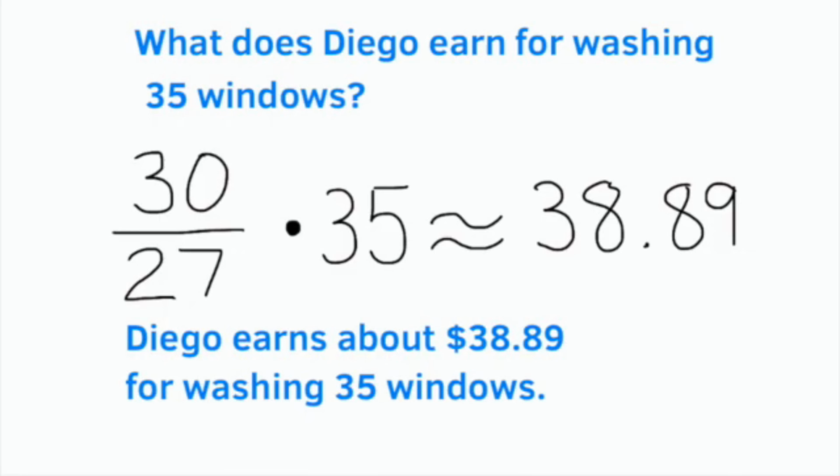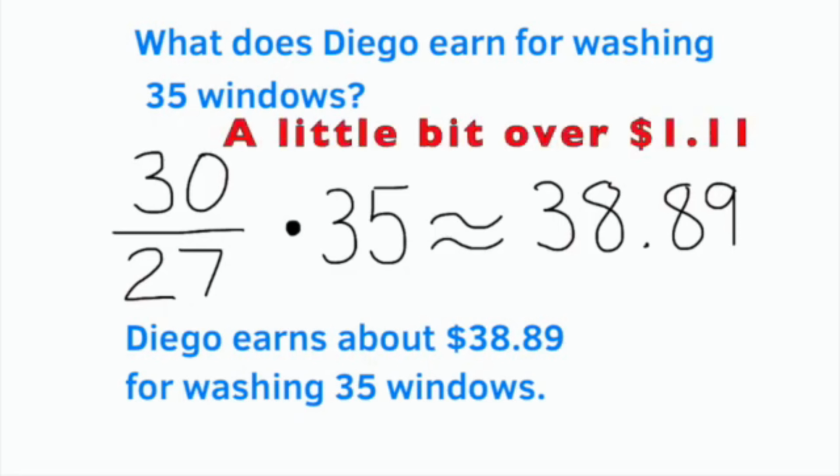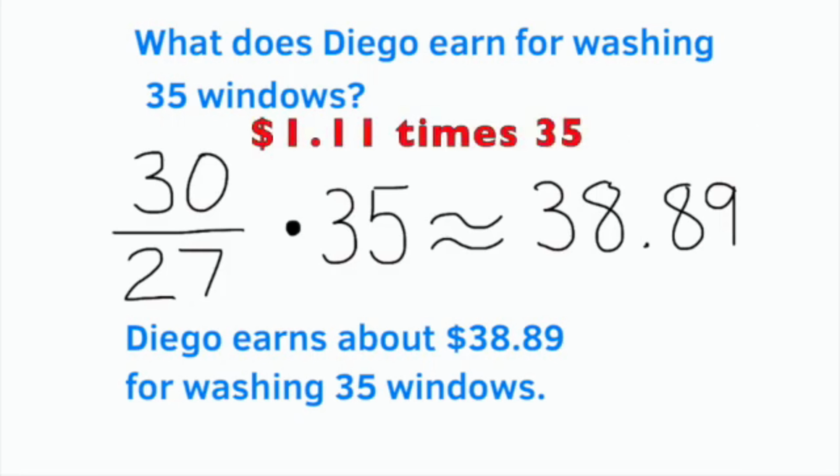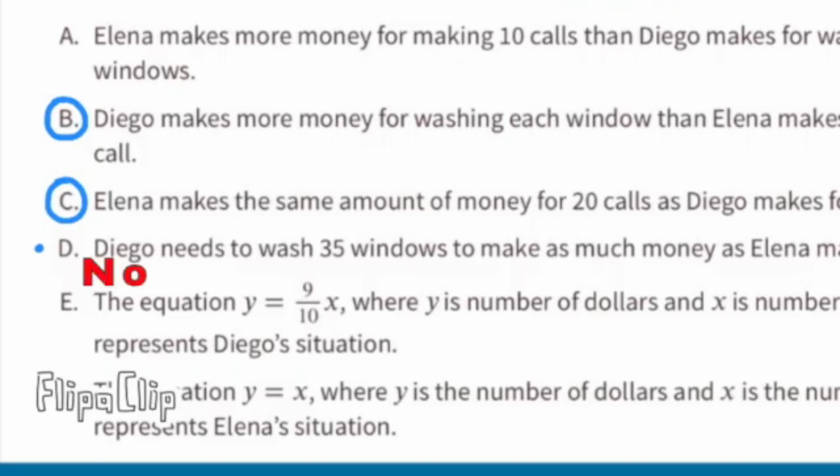In case you're wondering, 30 over 27 or 30 divided by 27 equals just a little bit over $1.11. So a little bit more than $1.11 times 35 equals just about $38.89. So Diego earns about $38.89 for washing 35 windows. No, Diego needs to wash more than 35 windows to earn as much as Elena when she makes 40 phone calls, so I won't select statement D.